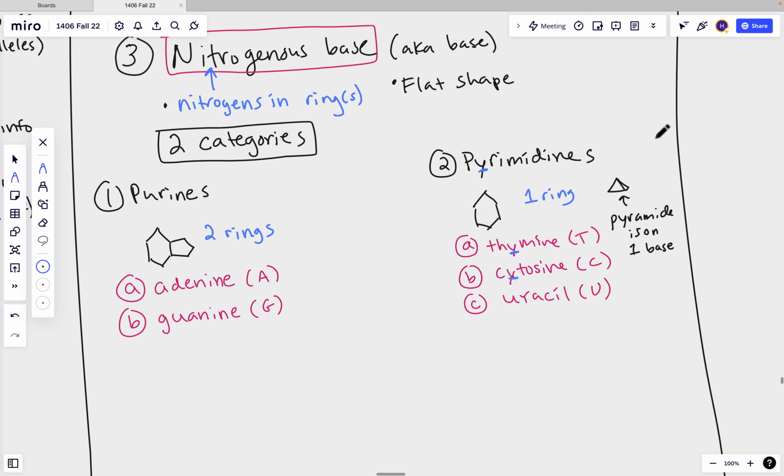That's how I remember it. And uracil, you'll learn that uracil and thymine are the versions that are in DNA and RNA, just the difference there. And so the uracil and thymine are both pyrimidines.